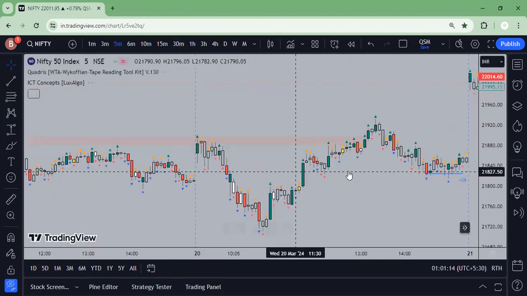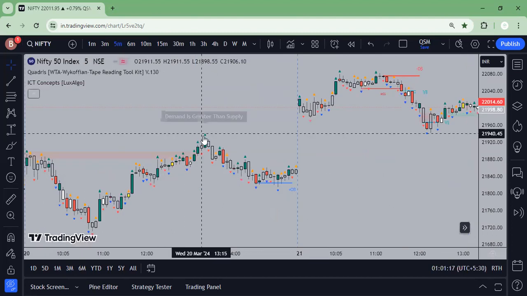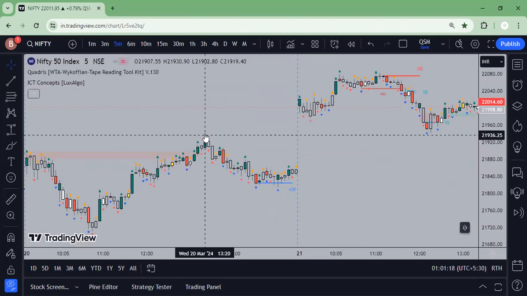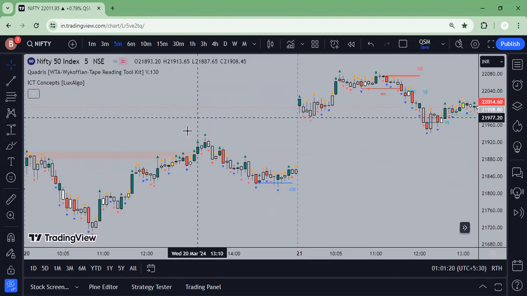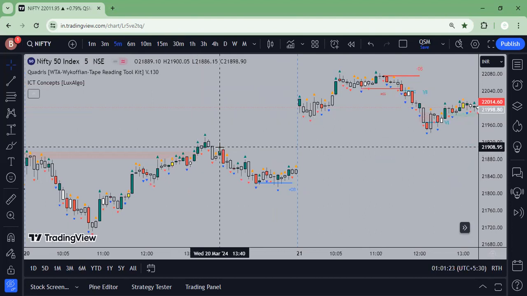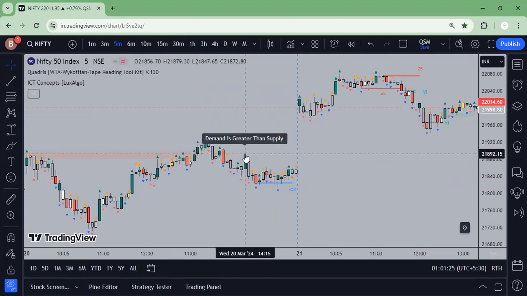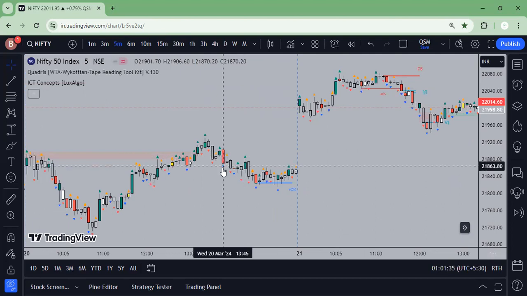So this makes your task a hell of a lot easier. Just hover your mouse over the triangle. It will give you the analysis of what this particular bar has achieved. I haven't added the commentary into it because I want you to understand what this particular bar has achieved.